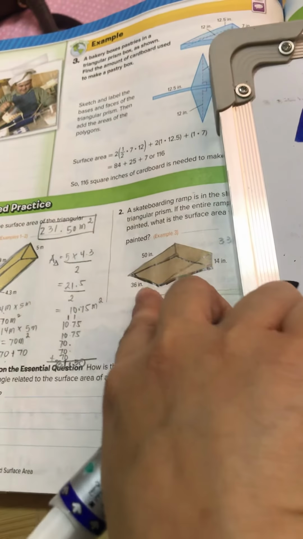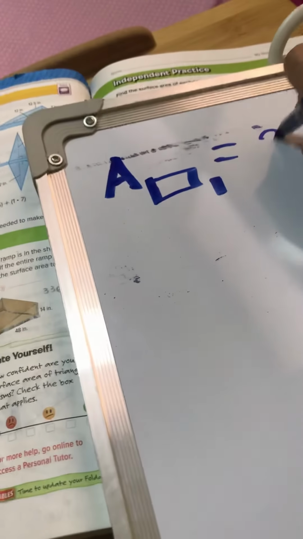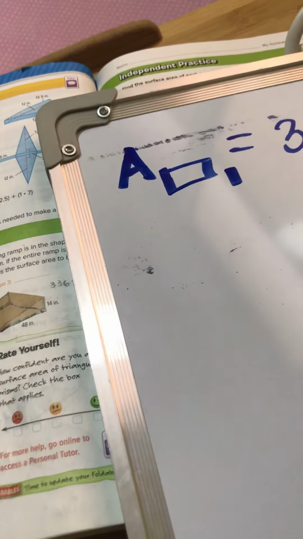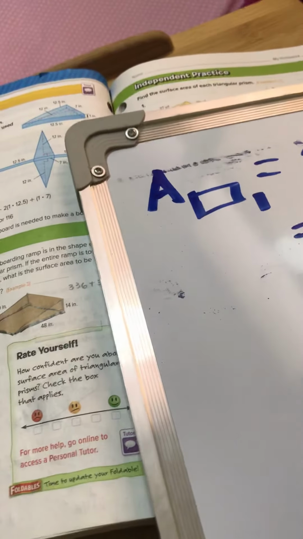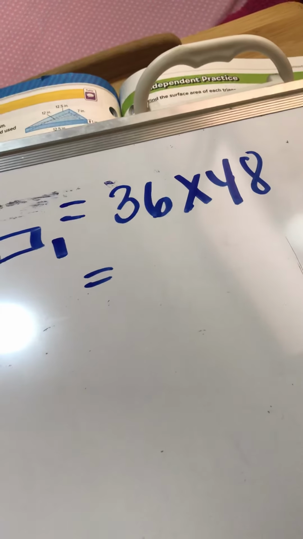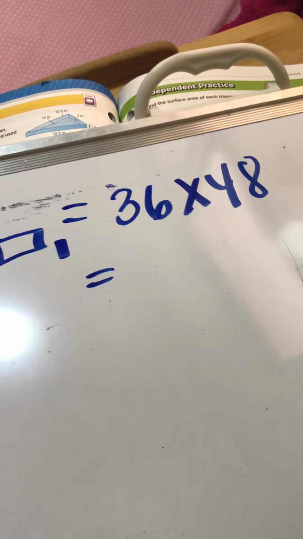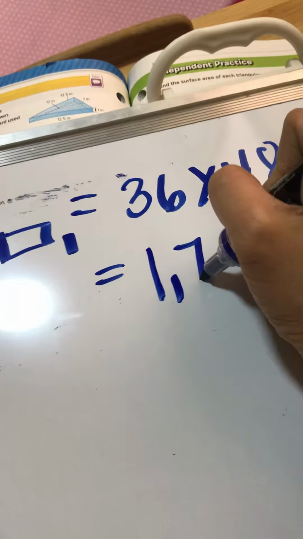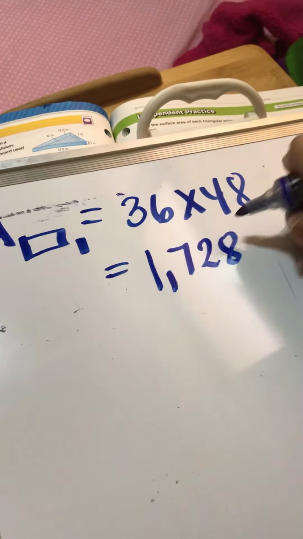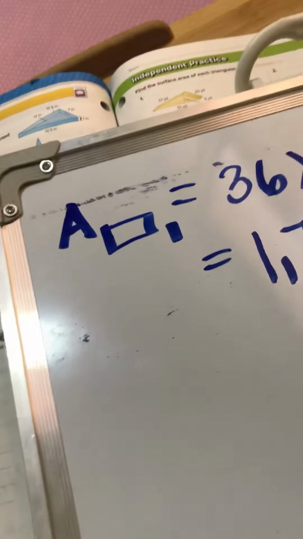Area of rectangle 1 is 36, which is this part, multiplied by 48. Multiply, please. 36 times 48, we will get 1,728 inches square because it's area.